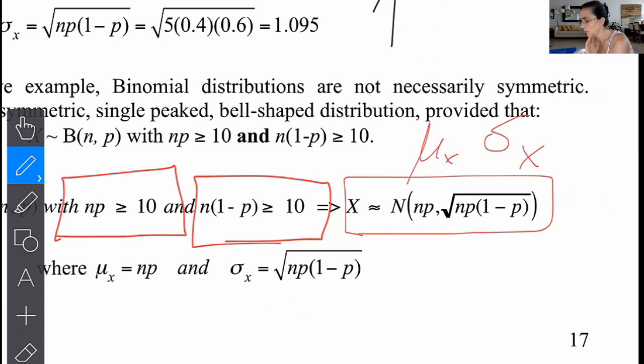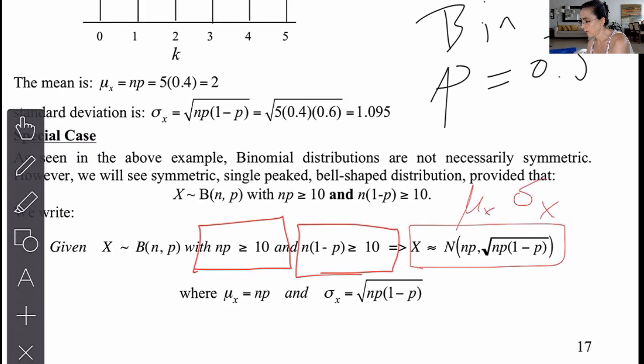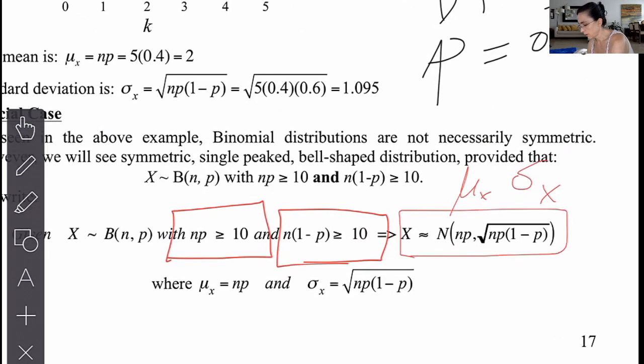So, how will we use this? Well, let's first go back a step, and I can derive this for you. And I'll try not to let your eyes glaze over.